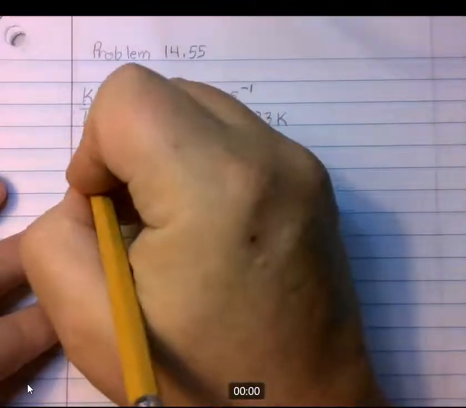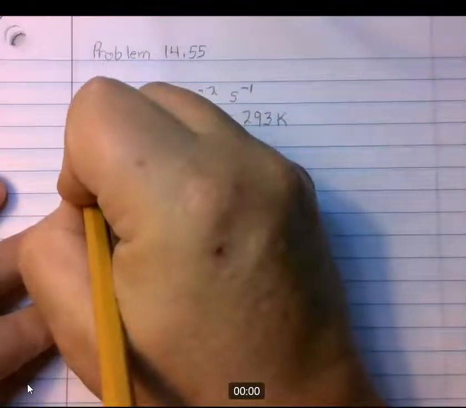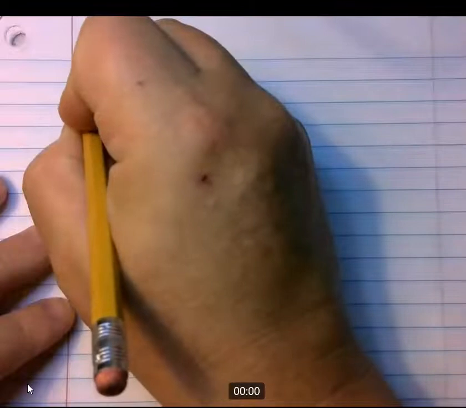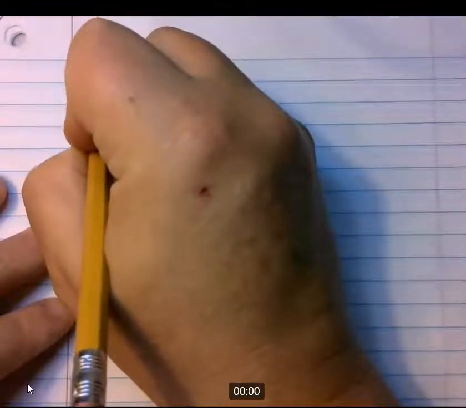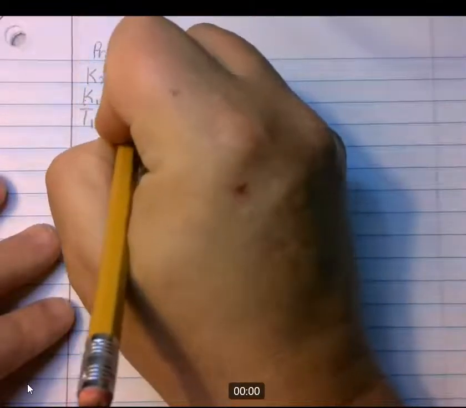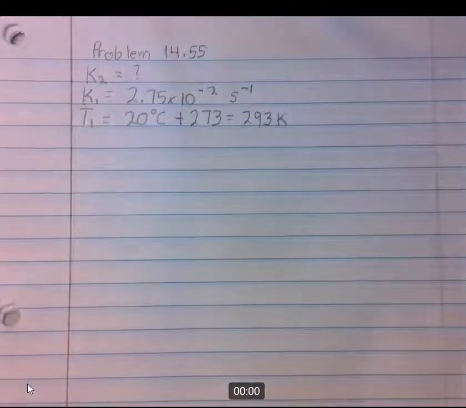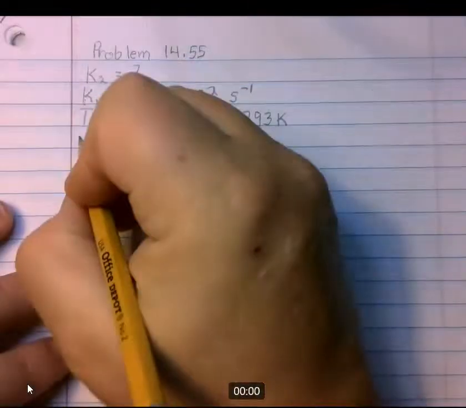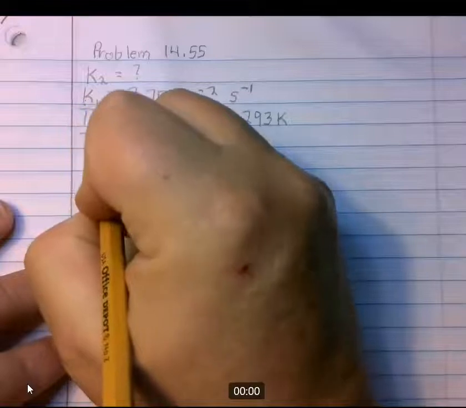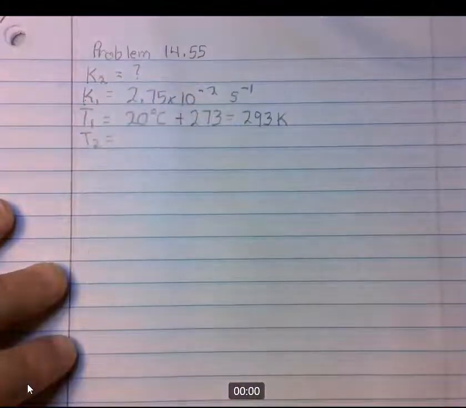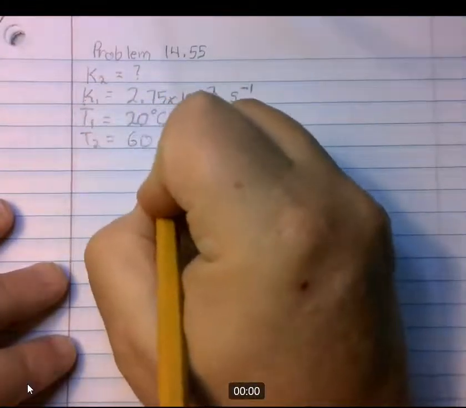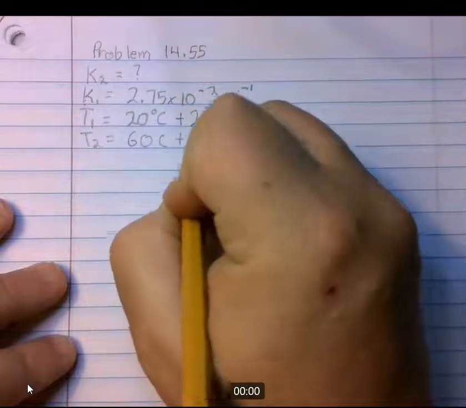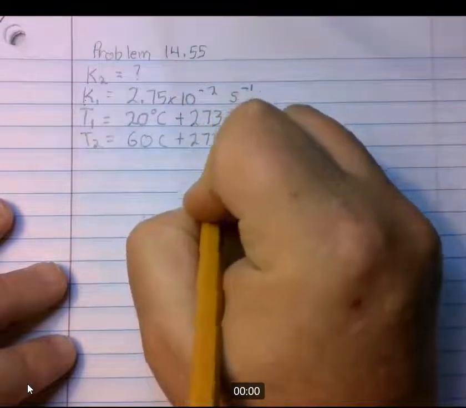Okay, K2. And I'm going to write that up at the top. K2 is question mark. That's what we're looking for. We're looking for a second value of K at temperature 2. And they say that's 60 degrees centigrade. And we convert that to Kelvin.